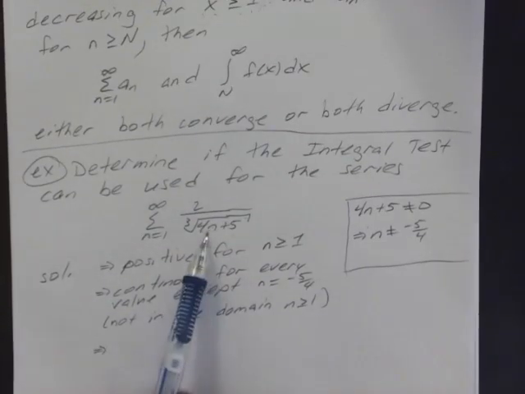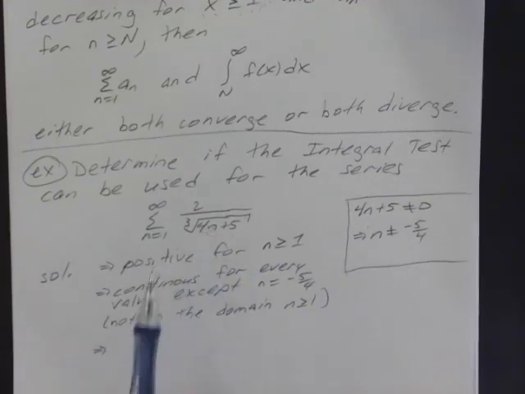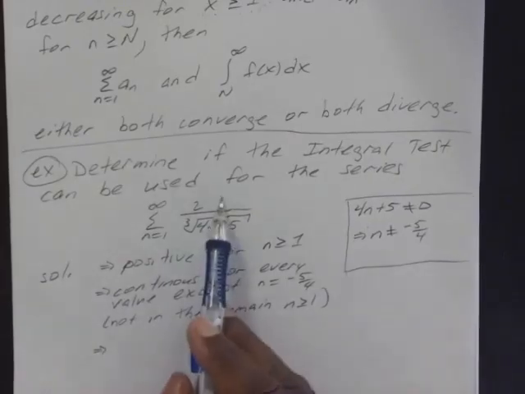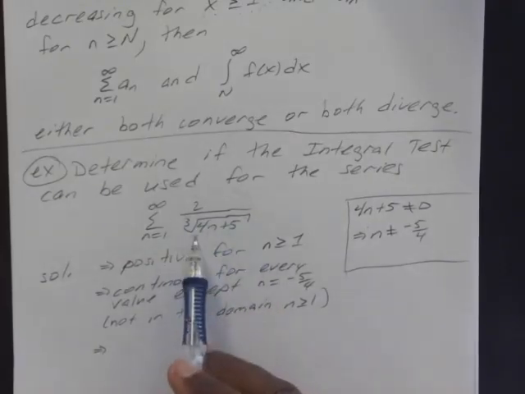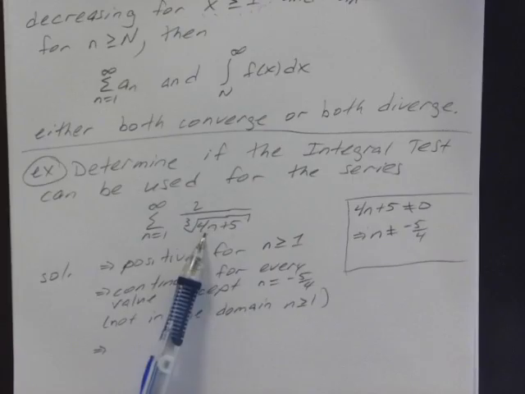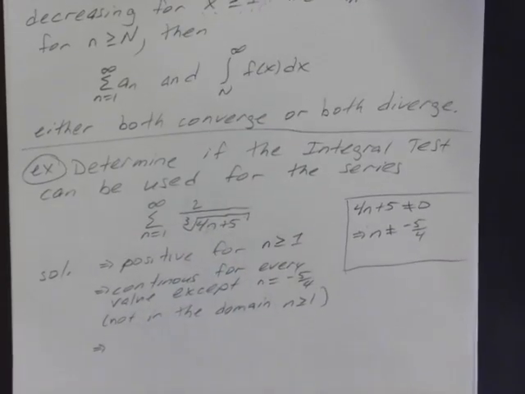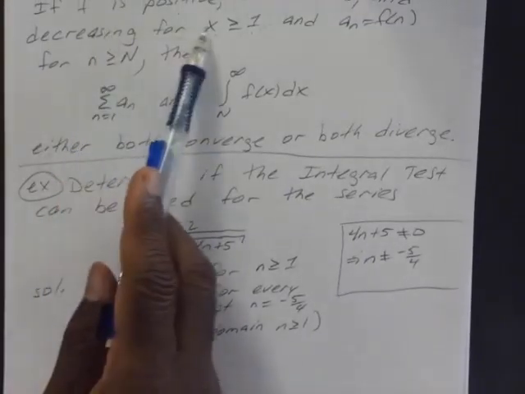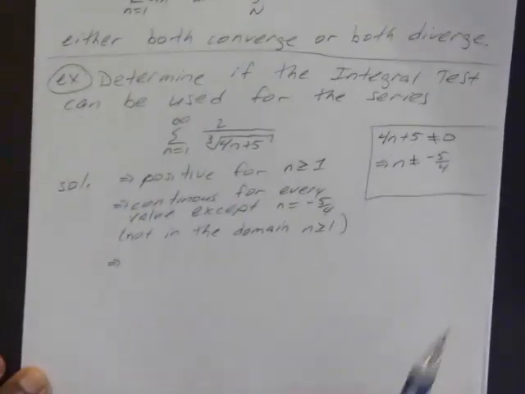Okay, so if we plug in values for n that are getting bigger and bigger, the whole series is just going to keep getting smaller and smaller, because you have a constant divided by a number that's getting bigger and bigger. So we can see that this as a whole is just going to keep decreasing. So it's decreasing for n greater than or equal to 1.